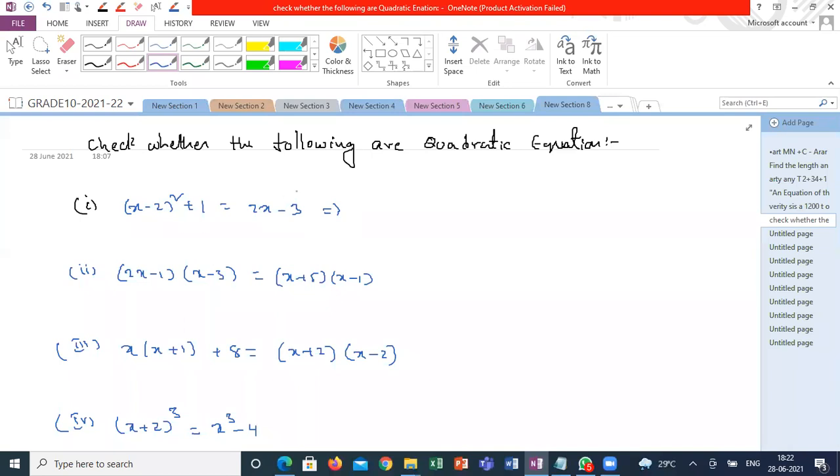If I'm expanding, this will come as, I'm writing my solutions in red color, x square plus 4 minus 4x plus 1 is equal to 2x minus 3. So what is the simplest form, madam? No, I got x square minus 6x plus 8 is equal to 0.